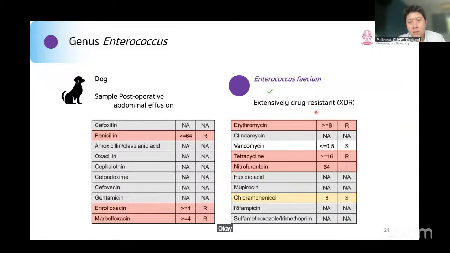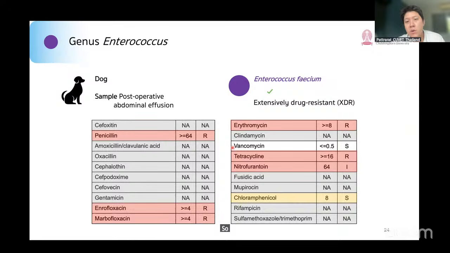Okay, we can say this is an extensively drug resistant strain, or XDR, which means the bacteria show resistance to almost all the drugs we test.